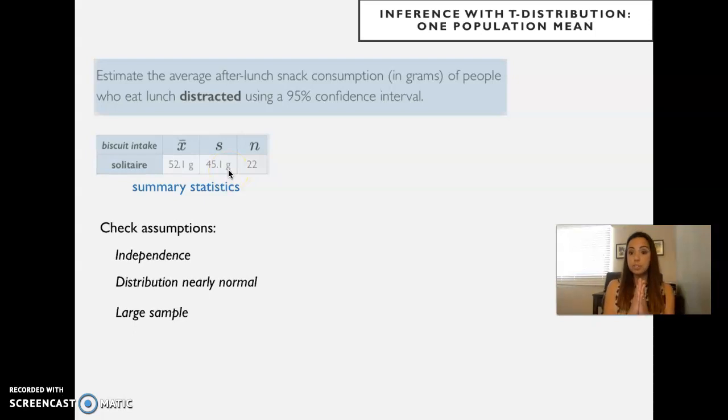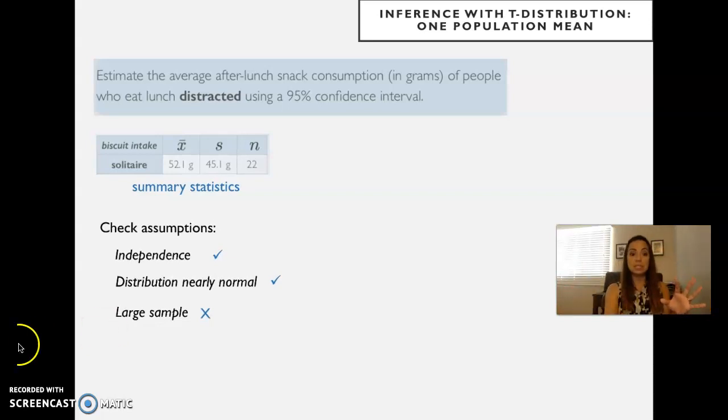Here's biscuit intake. We have all the parameters that we need here. We're going to check assumptions for computing a confidence interval with a t-test: independence of observations, distribution should be nearly normal, and large sample. Sorry, first you check assumptions to see if you can use the z distribution.